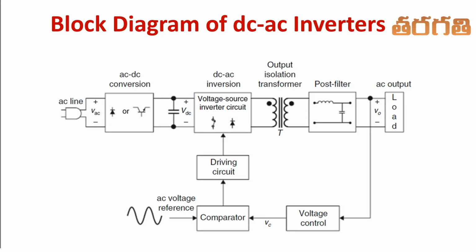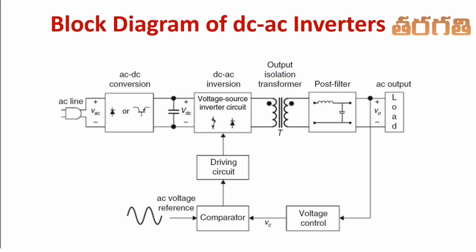That means a rectifier circuit that may use diodes or SCR. You know that the output voltage of the AC to DC converter will contain some ripple in it. For that purpose, that ripple is to be filtered out. So the ripple that was present in the AC to DC converter is filtered out by using a capacitive filter here.